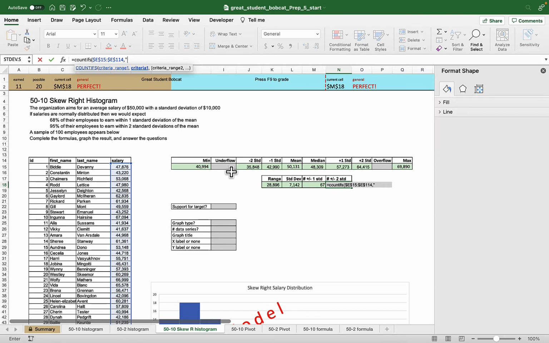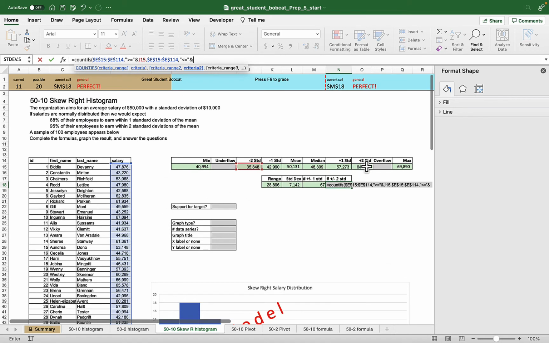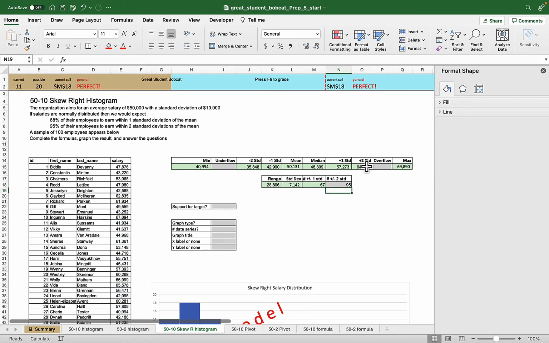Do the funky thing, greater than or equal to this lower bound, and then same range, less than or equal to the 2 standard deviation upper bound. 95. Again, that's really close to dead on what we would expect. So the properties actually work.